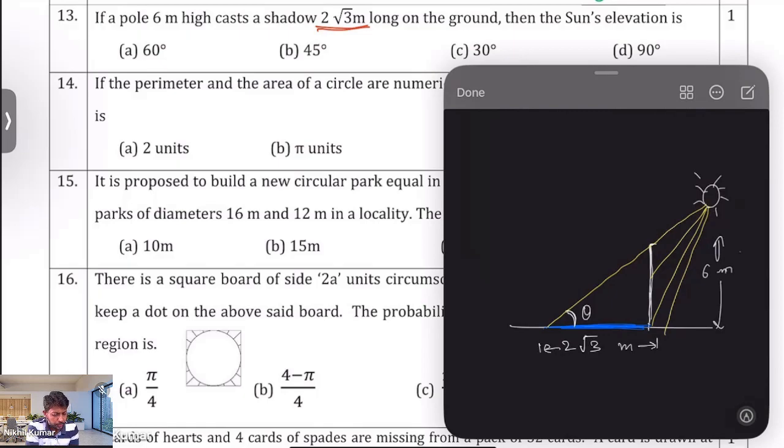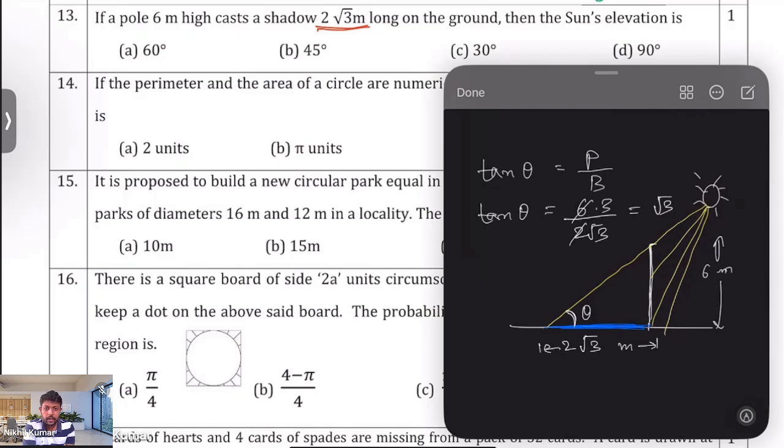If you know the perpendicular and the base, which trigonometric ratio comes to mind? Tan of theta is equal to perpendicular upon base. Perpendicular is 6, base is 2 root 3. This is what tan theta is. This is what is going to give me the elevation. Okay, we have 3 upon root 3, which is root 3.